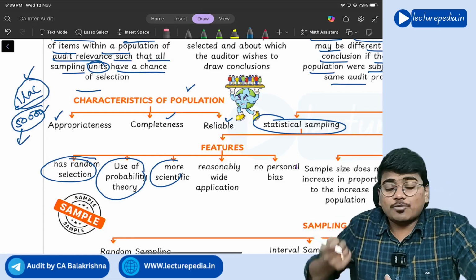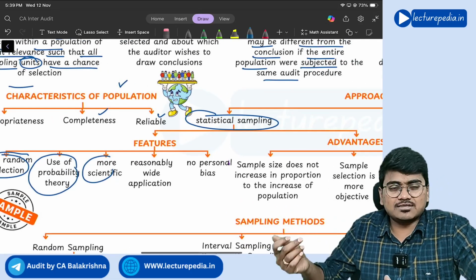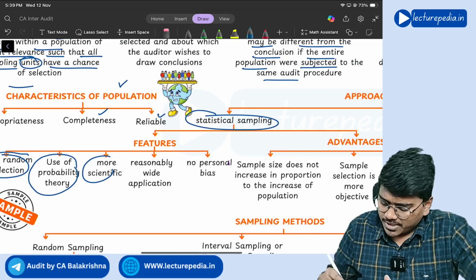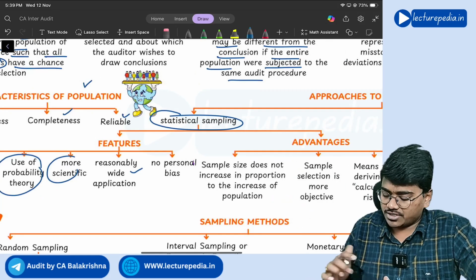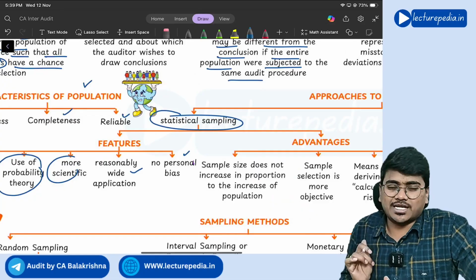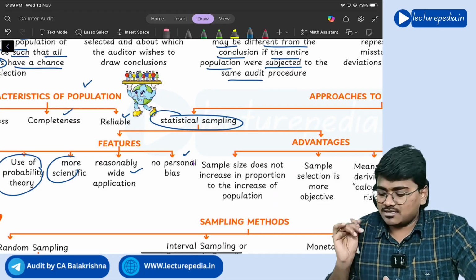So statistical sampling has a reasonably wide range of application, and there will not be any personal bias in case of statistical sampling.